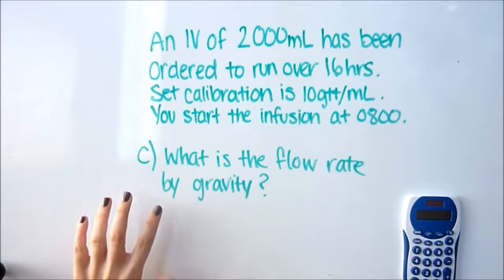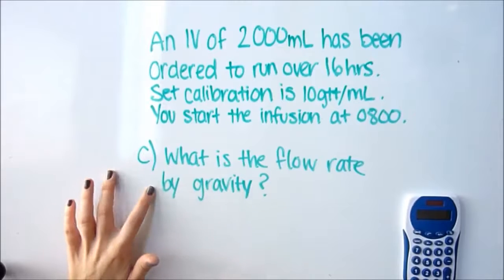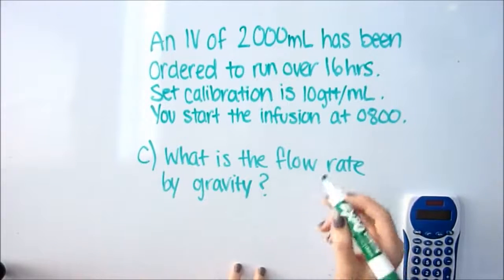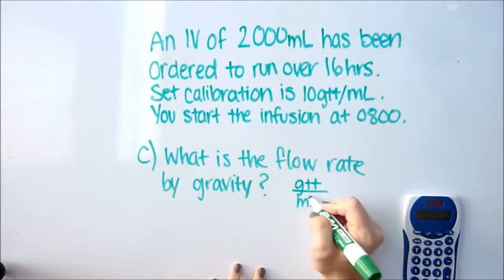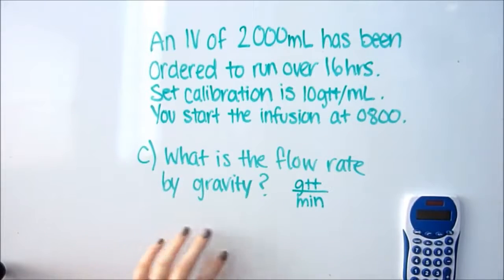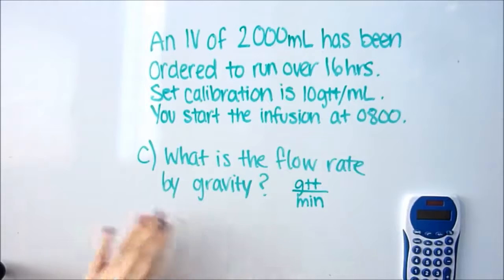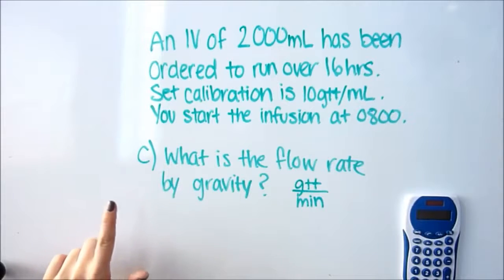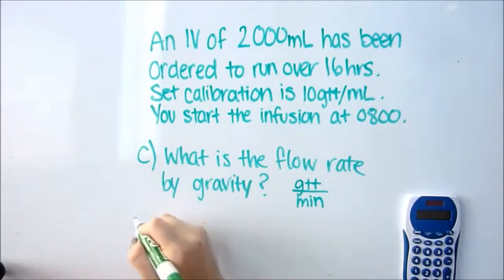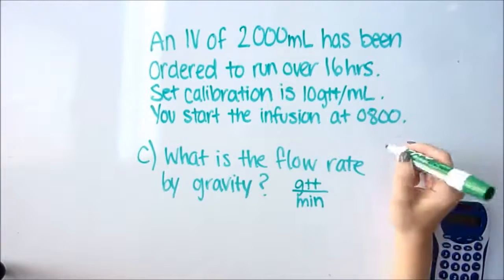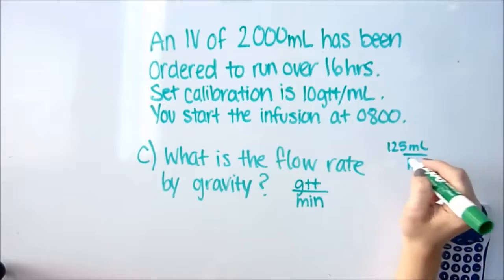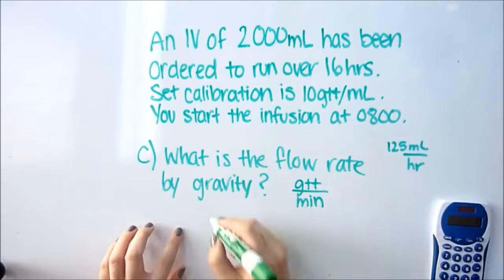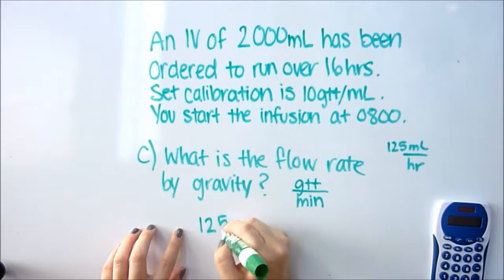So now we're going to figure out what is the flow rate by gravity. And flow rate by gravity basically means drops per minute. Okay? So if you can remember in our previous question for B, it was 125 ml per hour, right? I'm just going to write that right here because we're going to need that. So we're going to use 125 ml.